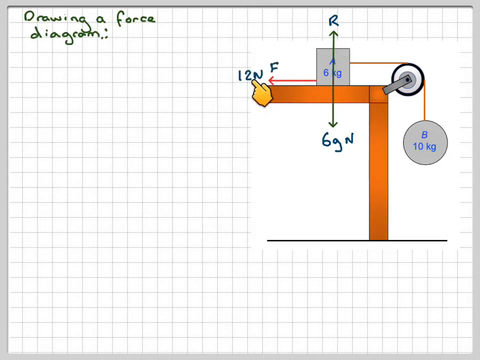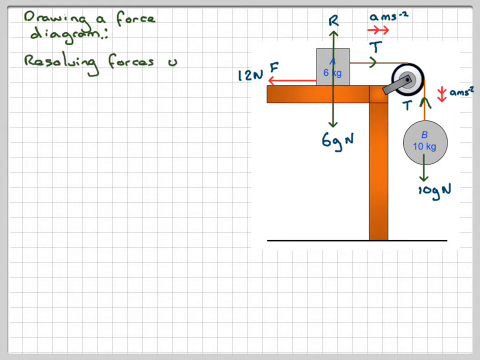There'll be a frictional force of 12 newtons, which is F, and there'll be a tension in the string here. For the 10 kilogram mass, there'll be the tension in the string here, which will be the same as the tension here, and the weight acting downwards, which is 10g newtons. There will be an acceleration when the system's released, going in that direction.